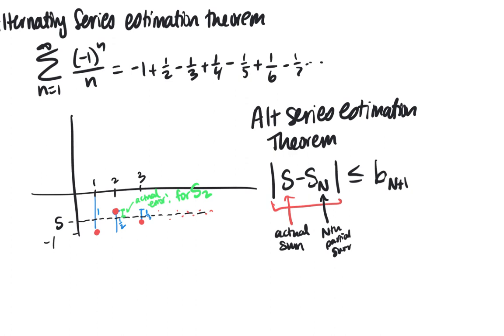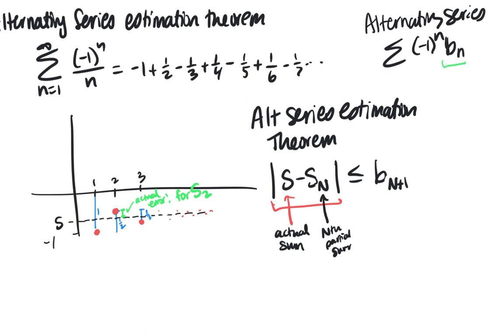And if you remember when we talk about alternating series, a lot of times we'll write it this way, like -1 to the n, or maybe n plus 1, bn. So this bn is the positive part, ignoring the sign flip. And we can see it in the picture there. The green is the actual error for S2. But notice that the 1/3 is going to go from that place where we are for S2, and it's going to add 1/3.